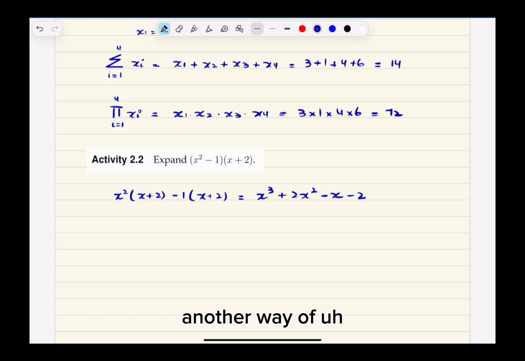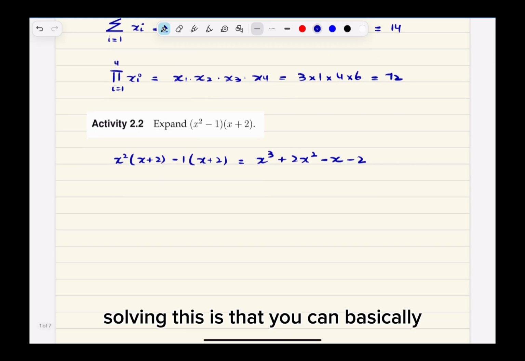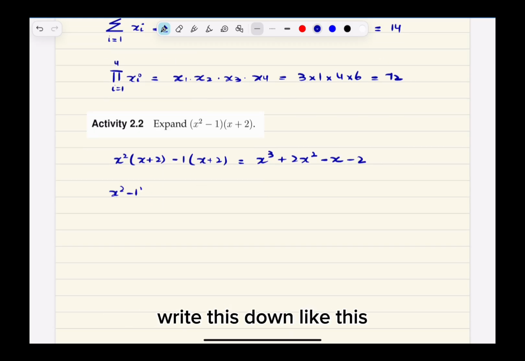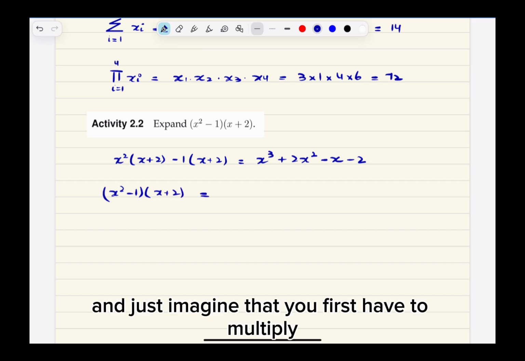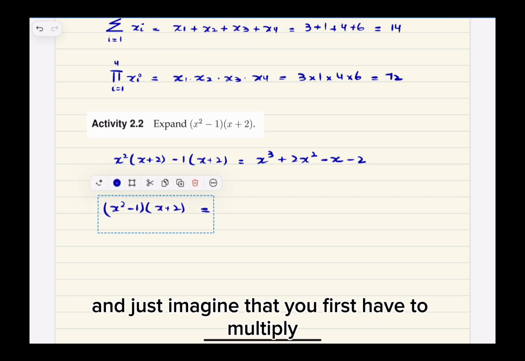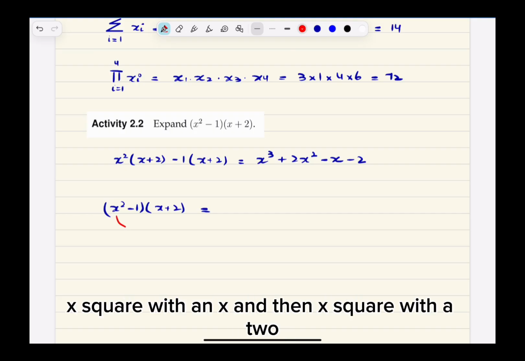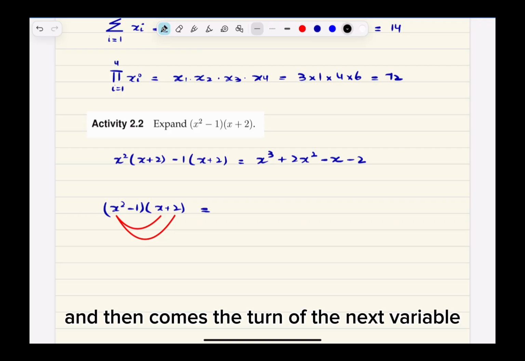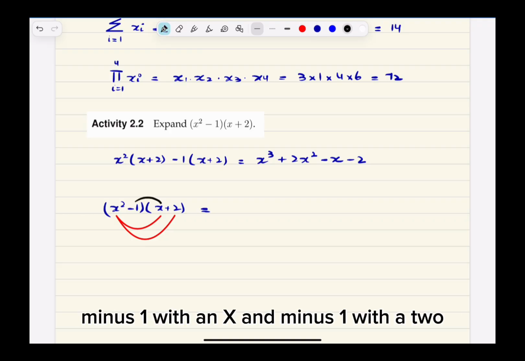Another way of solving this is that you can basically write this down like this, and just imagine that you first have to multiply x squared with an x, and then x squared with a 2, and then comes the turn of the next term, minus 1 with an x and minus 1 with a 2.